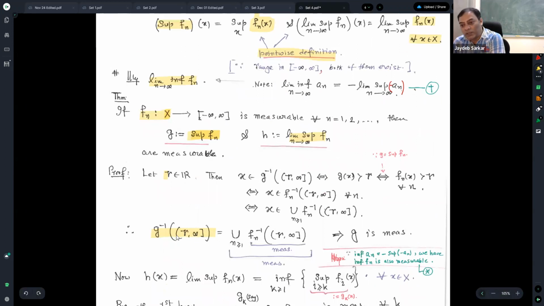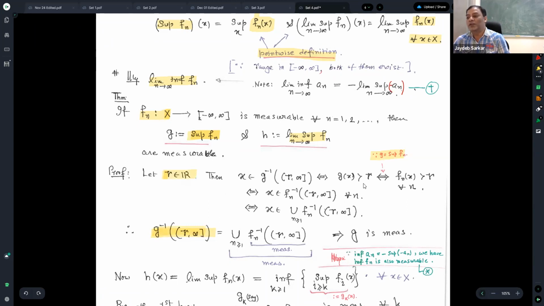Or you can take [minus infinity, R), minus infinity to R, open, closed, doesn't matter. That is also fine. So one of these. I have considered this. Fix an R, and then you observe that an element x lives here if and only if, by definition, G(x) is larger than R, correct? Now, what is the definition of G? G is the sup of Fn.